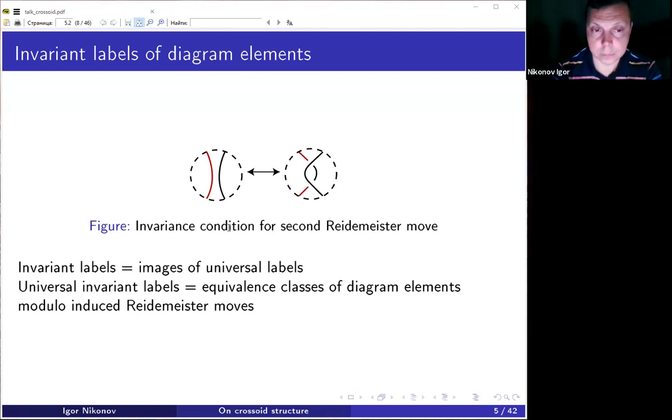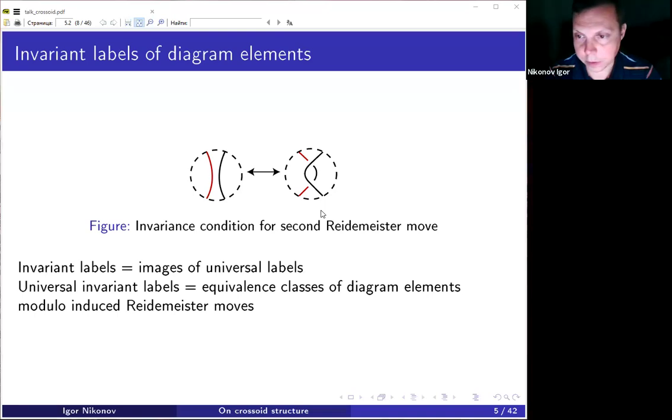Okay. So when we define the universal labels, we consider diagram elements modulo equivalence relations induced by Reidemeister moves. You can see in the picture above that if we consider a red arc in the left diagram, after one applies a second Reidemeister move, this arc splits into two arcs, and these two arcs on the right diagram must have the same invariant label as the arc on the left.